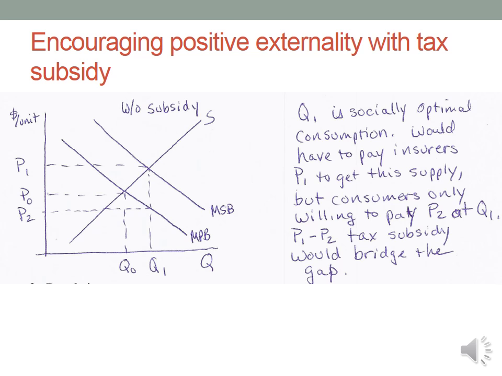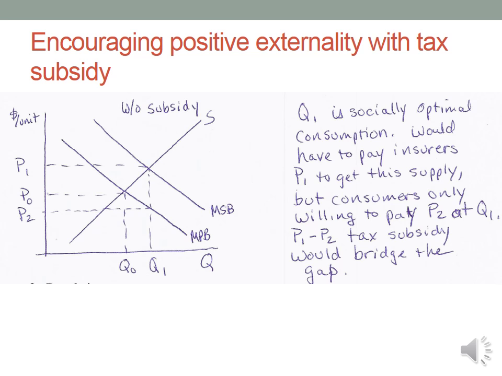So how do I get the individual to move their consumption up to Q1? Well, first of all, if I wanted to move the insurance company's supply up to Q1, I'd have to pay P1, right? Because the insurance company is not going to provide that many policies unless I pay P1. But the consumers are only going to take their own benefit into account, so at that quantity they'd only be willing to pay P2.